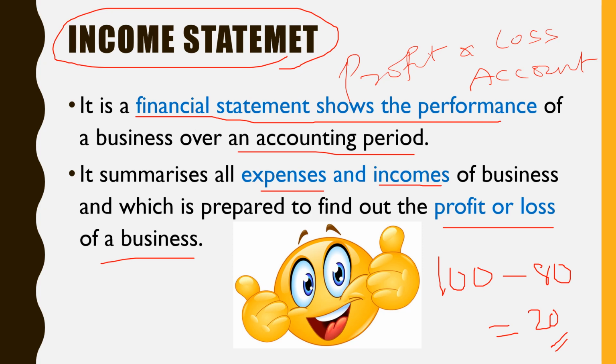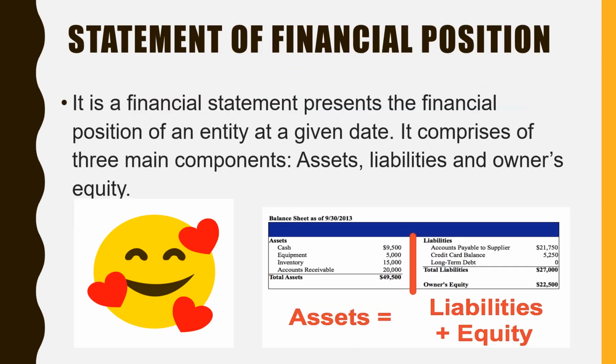The next statement is the statement of financial position. What is the statement of financial position? From the name itself, you can understand that this provides the current position of a business. It is another financial statement which presents the financial position of an entity at a given point of time.